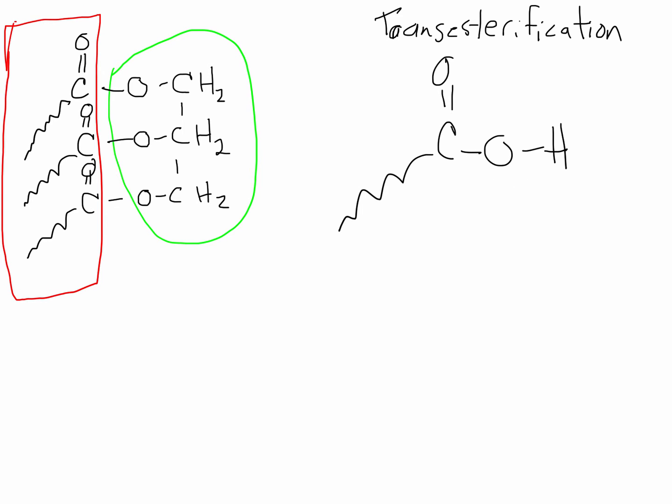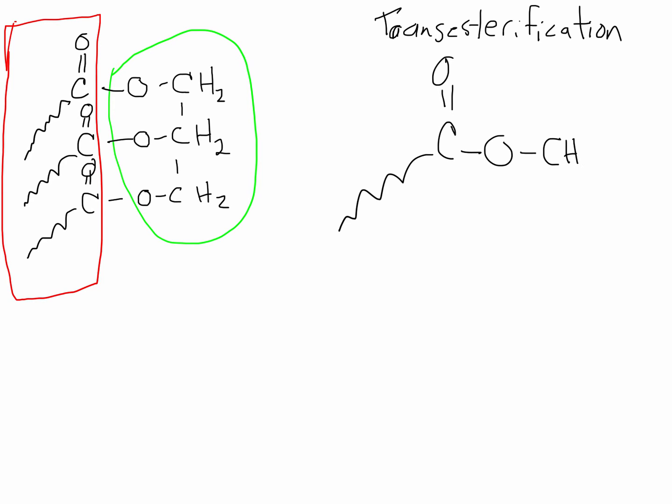Instead, what we're going to do is we're going to cap this with another carbon. So we're going to take one ester linkage between this fatty acid or this lipid tail, and we're going to replace that ester linkage with a carbon. Okay, and this carbon comes from our alcohol.